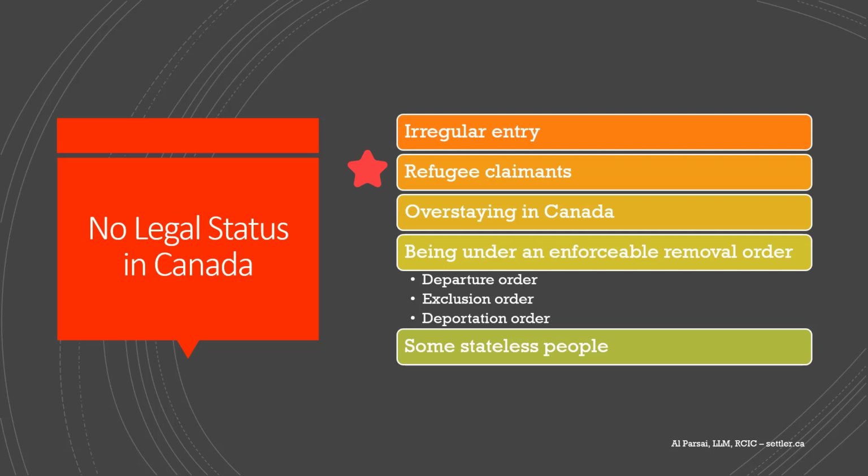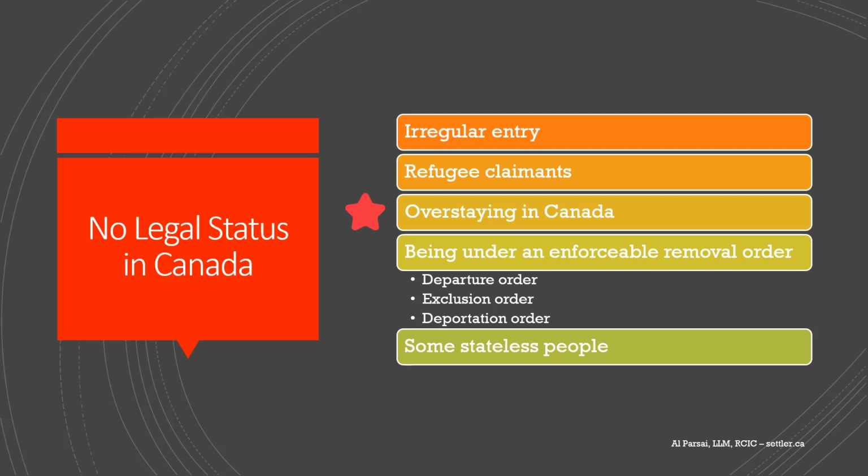Refugee claimants are those people that enter Canada with or without a valid visa, but they file for refugee status either at the port of entry or inside Canada. Refugee claimants do not have legal status in Canada. However, if they become protected persons, then they suddenly will have legal status in Canada.